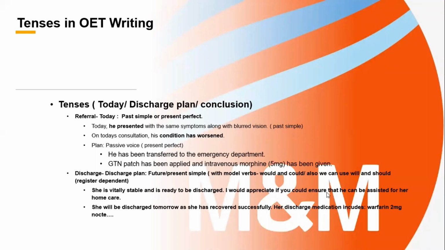I would appreciate it if you could ensure that, it's a polite request. And similarly, she will be discharged tomorrow, future tense, as she has recovered, present perfect tense. Her discharge medication includes, present simple tense, can be used. Okay, is it clear to you?